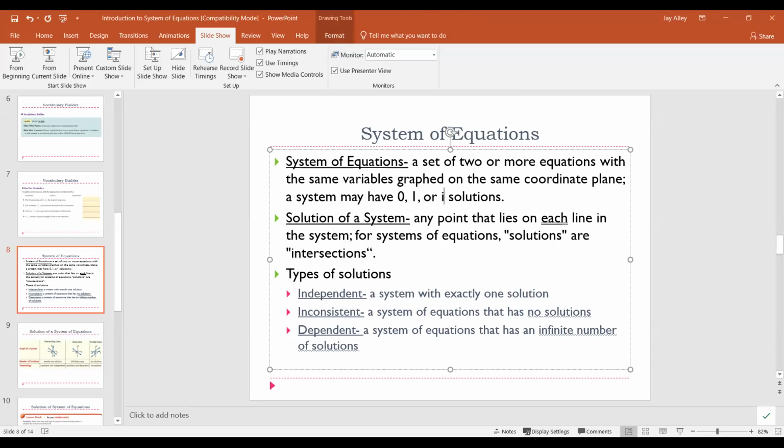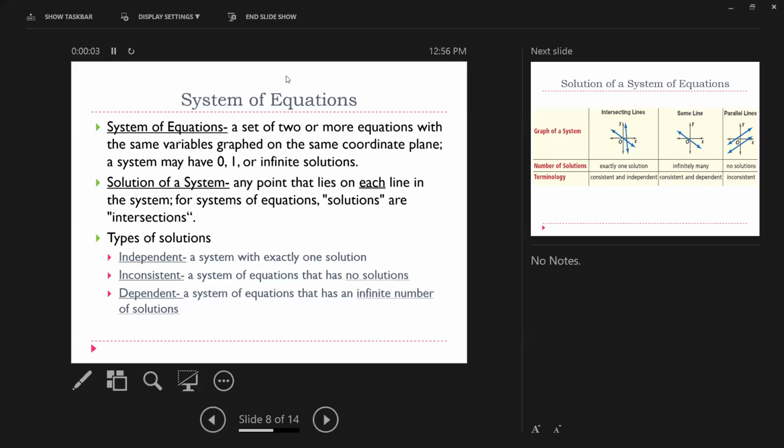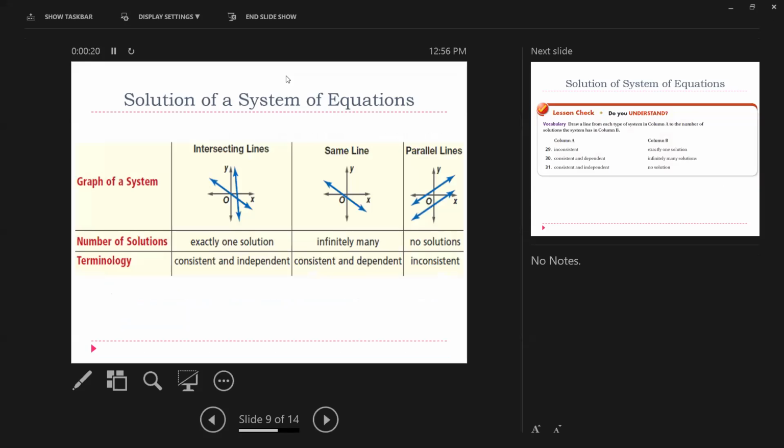It's not just two solutions, it's infinite solutions. We can have 0, we can have 1, or we can have infinite solutions. The solution of a system means any point on each line that satisfies both equations. It's both, boss.